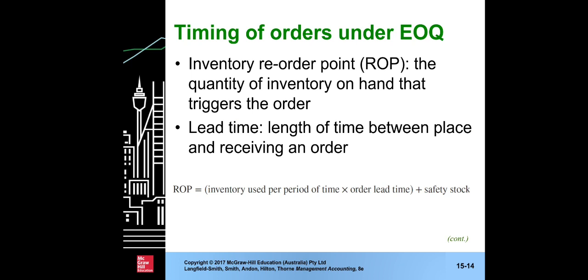Here is the formula for the reorder point for the inventory. ROP, or reorder point, is equal to inventory used per period of time times order lead time plus safety stock.